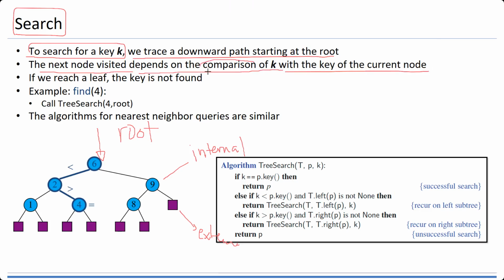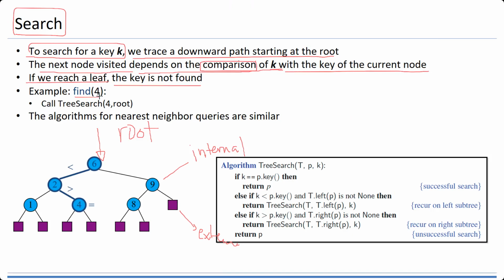So I need to compare whether the key is lower or higher than K. If we reach a leaf, then the key is not found.